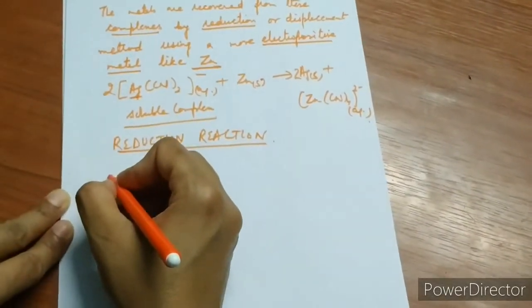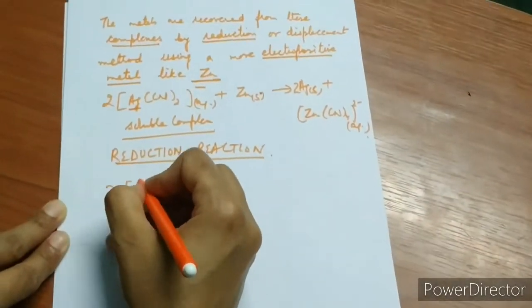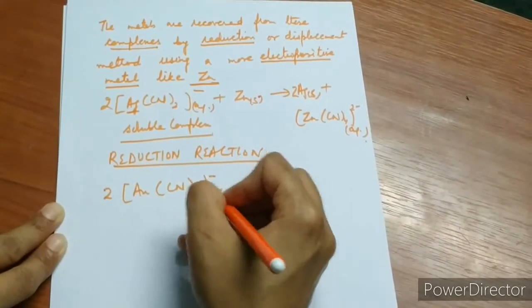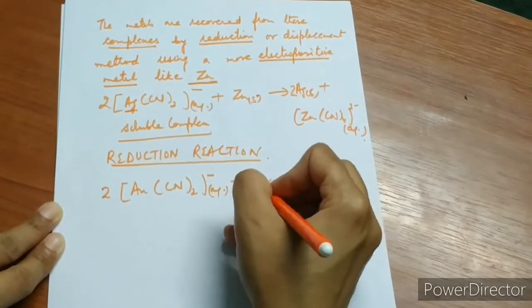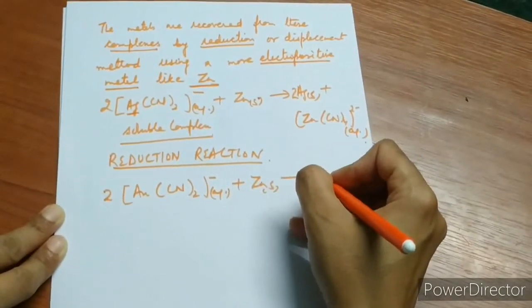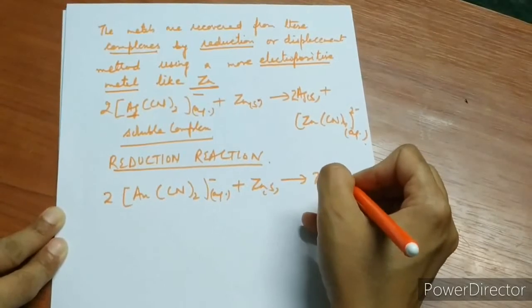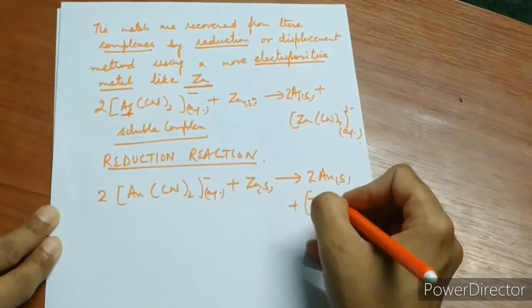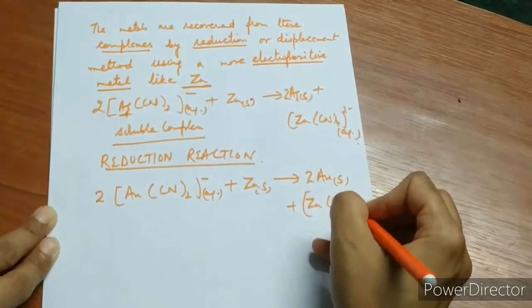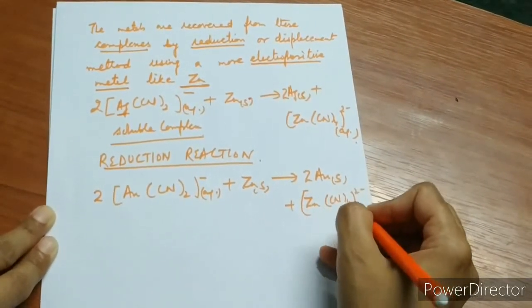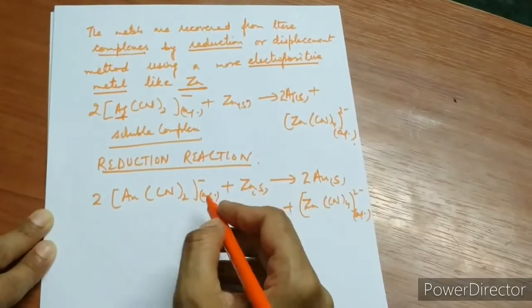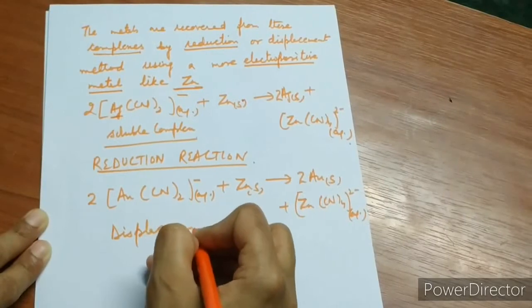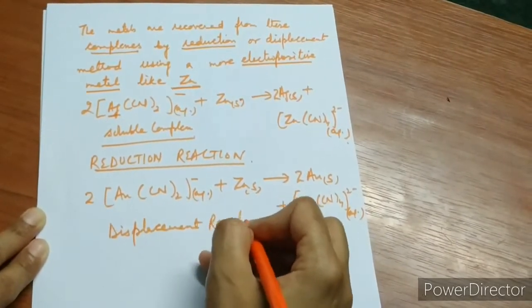Same reaction can be written for gold also. 2 Au(CN)2 minus aqueous plus zinc solid, and we get gold plus the complex formed by zinc, and this reaction is called reduction reaction or displacement reaction.